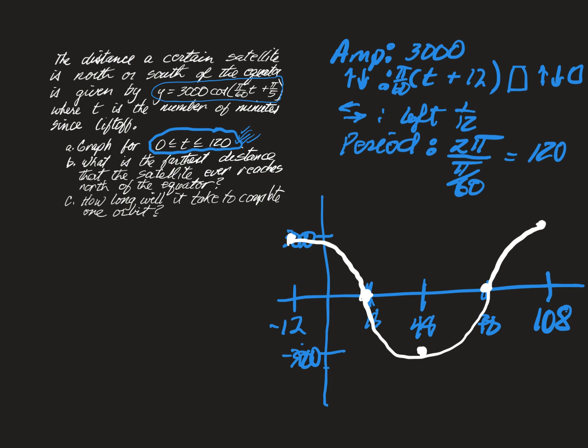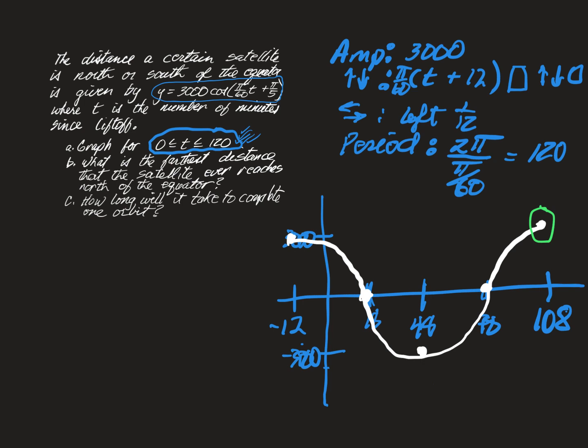And north of the equator would be positives, south of the equator, negatives at this point. So the furthest distance, one of the ways we could see it is illustrated on the graph. It could be that value, all right? And so the maximums are where the furthest distance is.